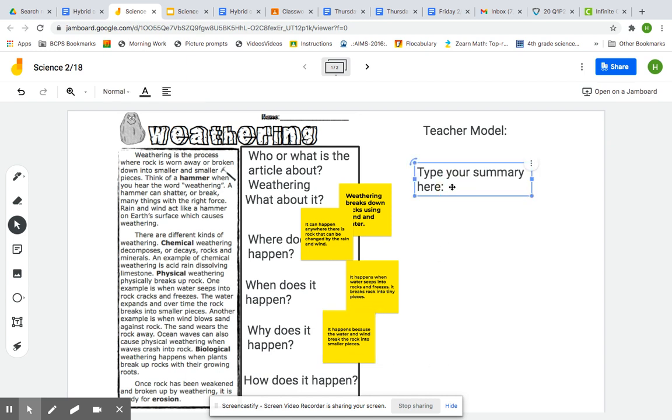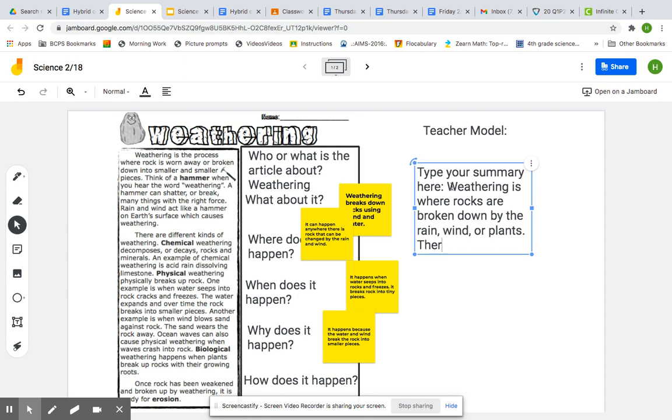So if I'm going to type my summary, I'm going to say weathering is where rocks are broken down by the rain, wind, or plants.